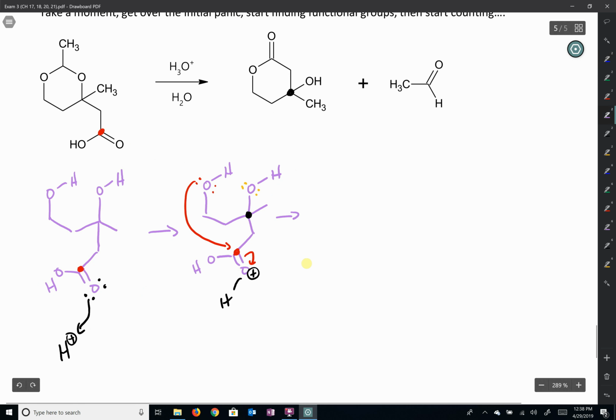So I'm going to kind of tweak things around a little bit here. I'm going to kind of twist things. There's my carbonyl.